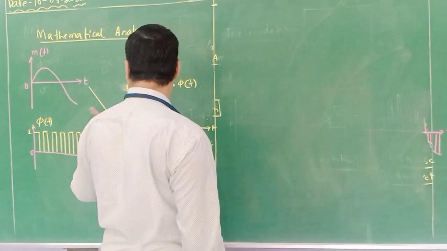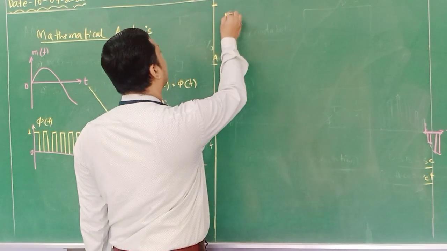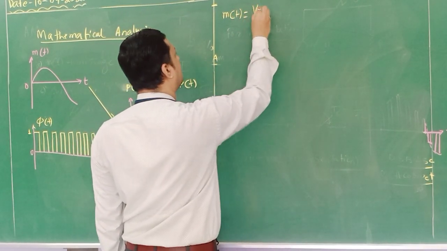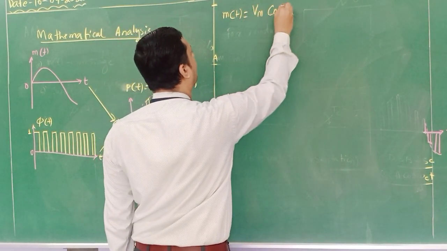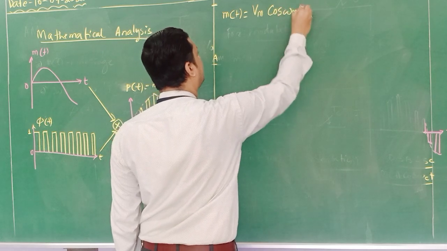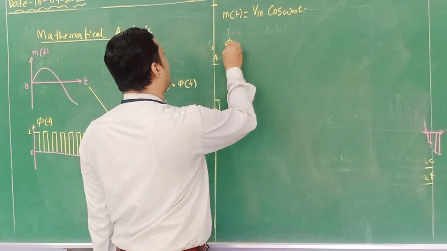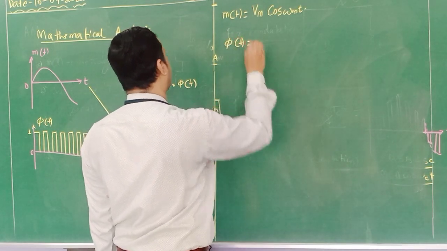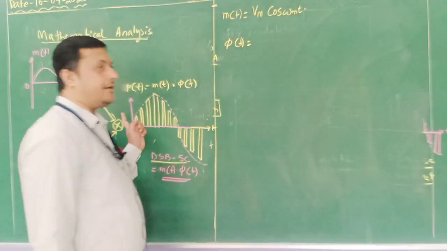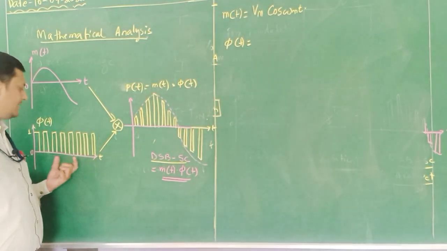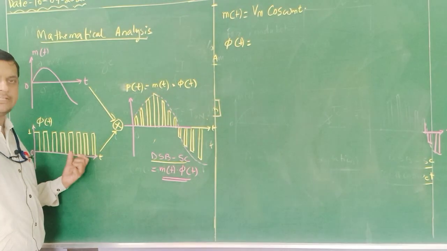So first, m of t is equals to Vm cos omega m t. This is the first consideration. Second, phi of t. Now, in a Fourier series, if it is a periodic signal, and yes, it is a periodic signal, its periodicity is Tc.